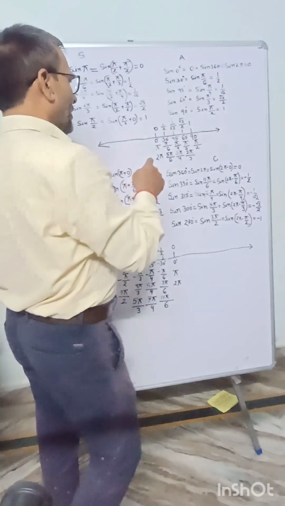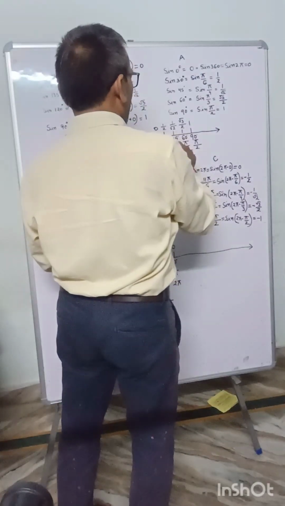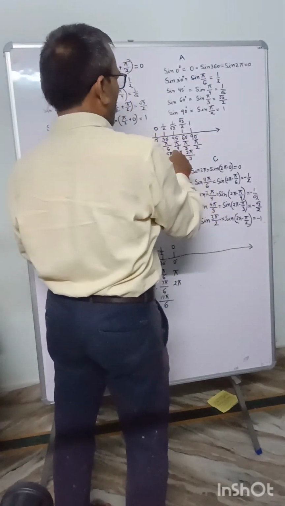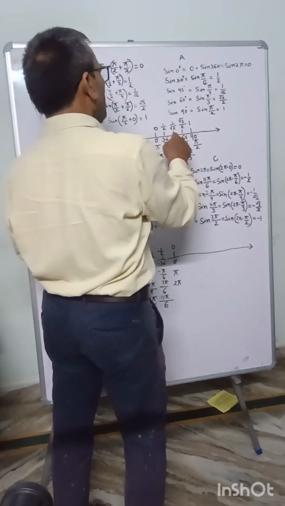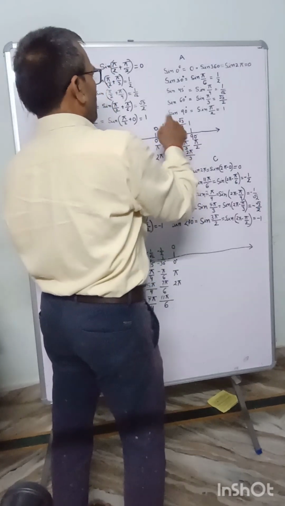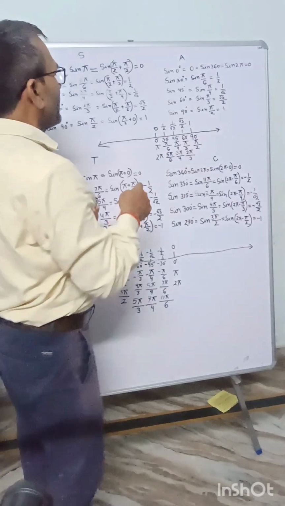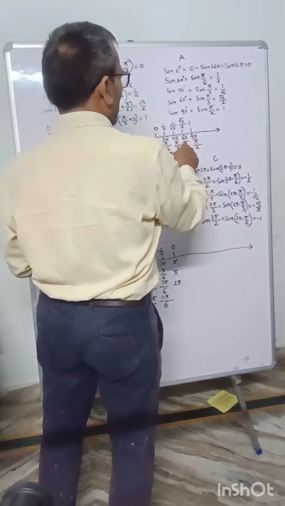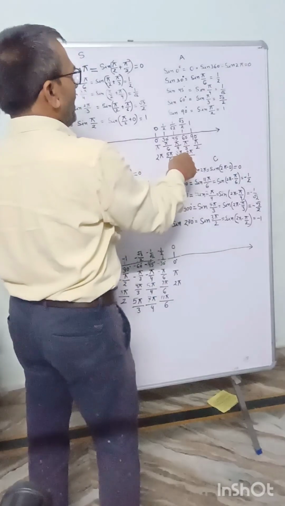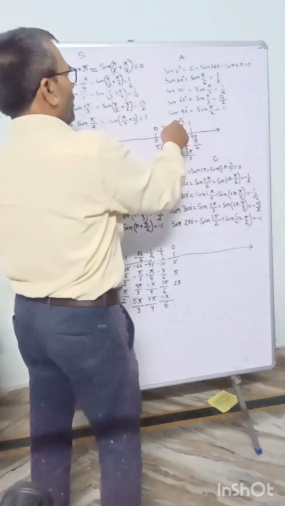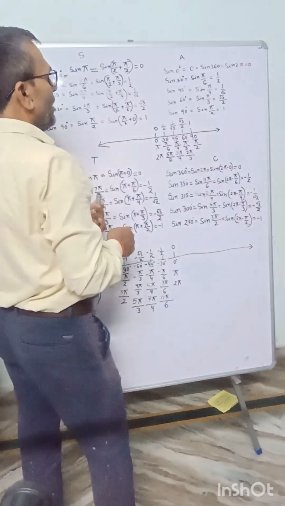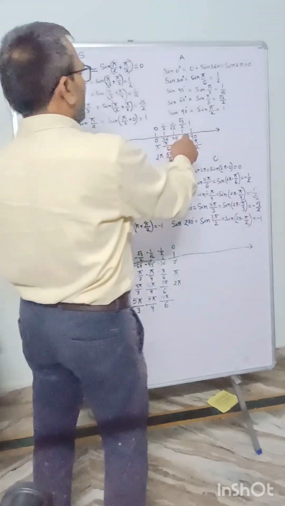In the same way, sine 45 is equal to sine pi by 4 is equal to sine 3 pi by 4 having the same value equal to 1 by under root 2. Sine 60 is equal to sine pi by 3 is equal to sine 2 pi by 3 having the same value is equal to under root 3 by 2. And sine 90 is equal to 1.